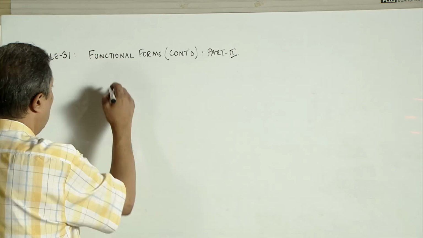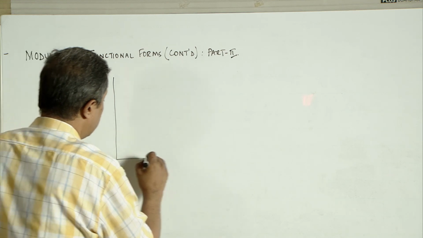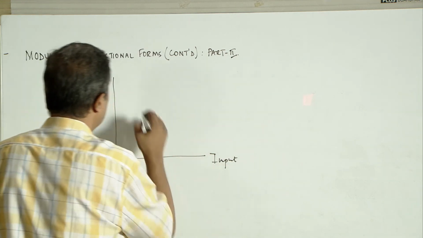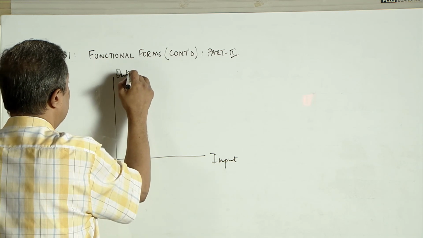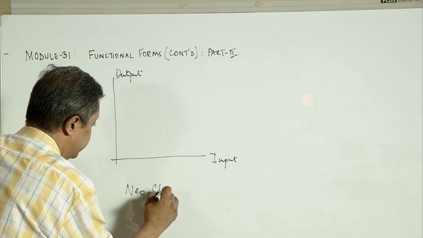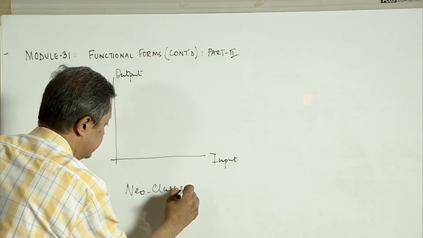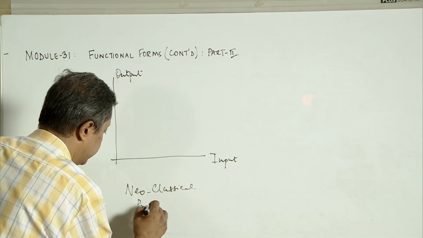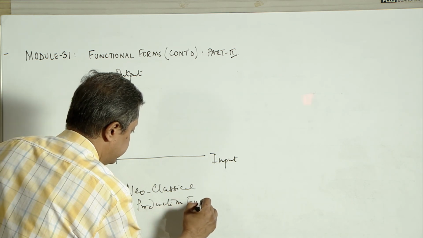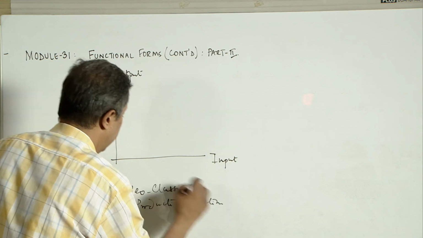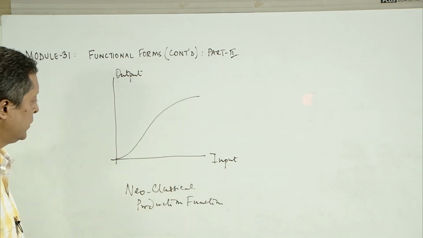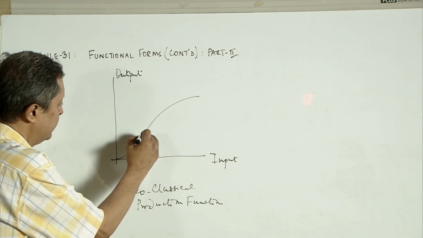As we earlier saw, the relation between input and output in the neoclassical production function is a nonlinear relation. So, there is a point of inflection.